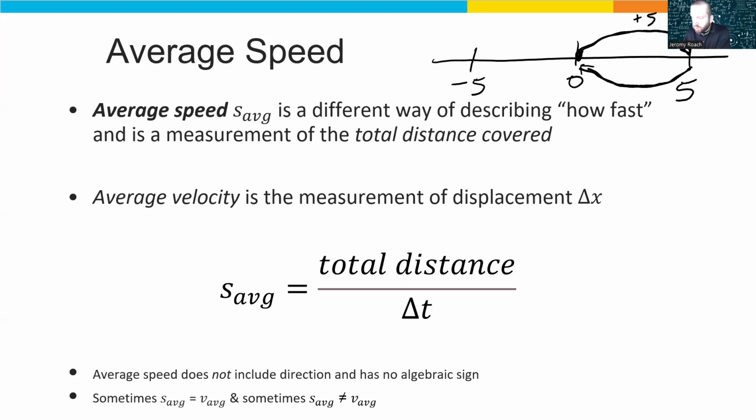And so this total distance is going to be 5 more, giving us a total distance of 10. So our displacement is going to be 0, and our distance is 10. So that's the difference between those two terms. So the speed we write as s usually. The average speed is our total distance divided by time.